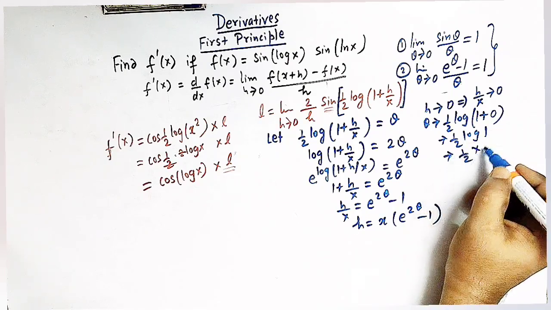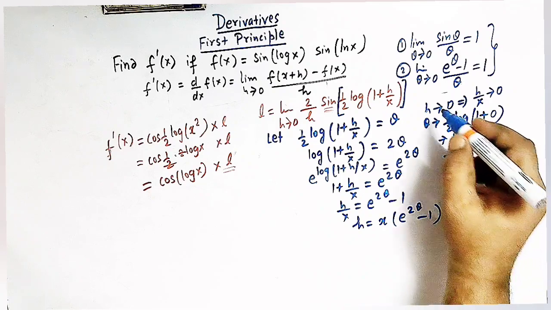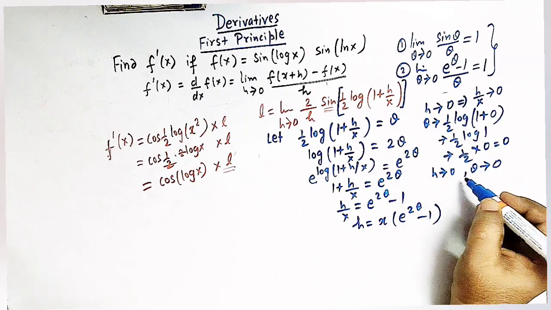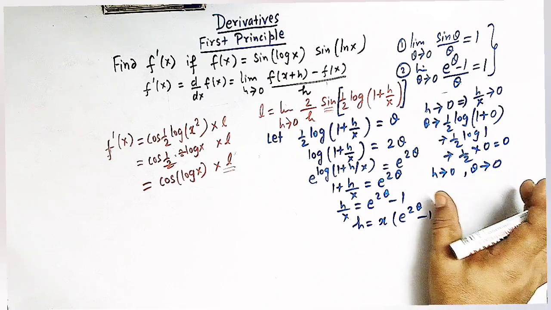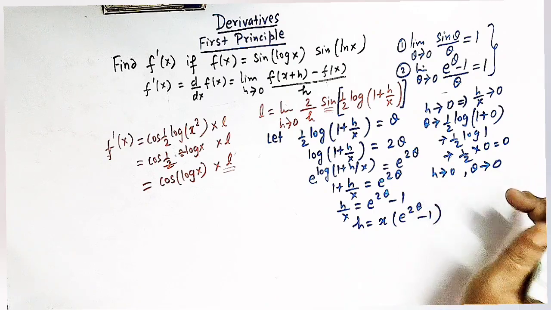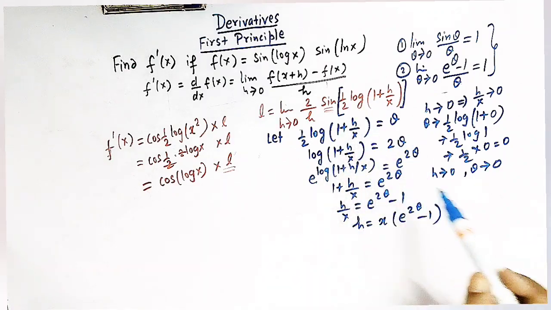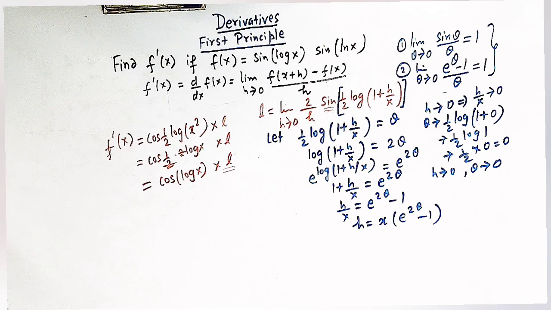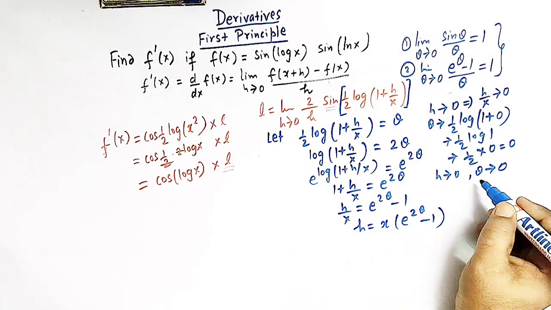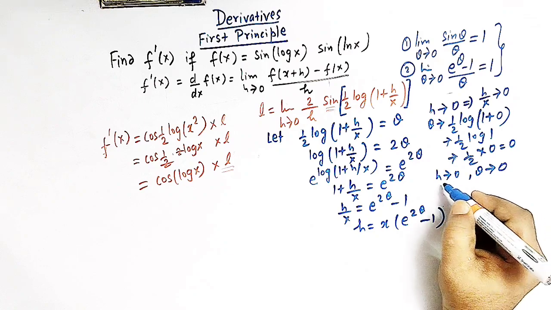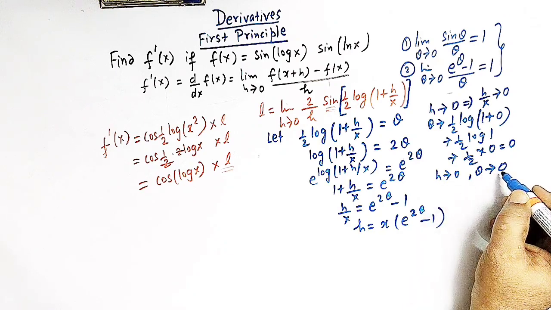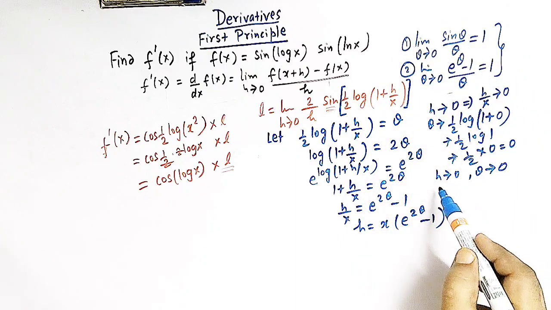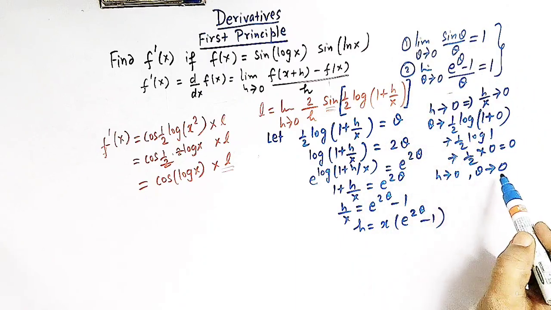So this is half times 0, that is equal to 0. So we conclude that when h tends to 0, then theta tends to 0. So this is quite imperative to establish this result before moving further. That is, when h tends to 0, then theta tends to 0. Because when we establish that h tends to 0 implies theta tends to 0, then only we can utilize these results, right? So we have shown that when h tends to 0, theta tends to 0.